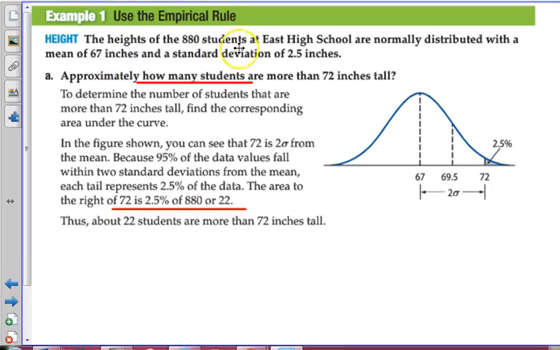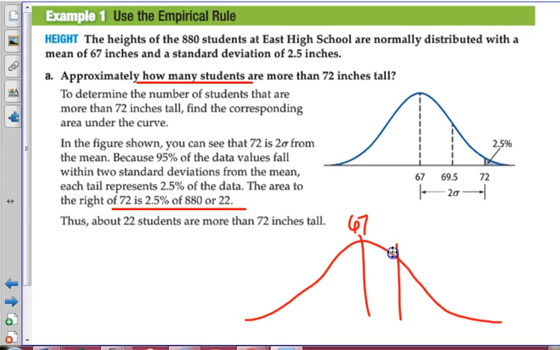So here's my example. The heights of 880 students are normally distributed with a mean of 67 and a standard deviation of 2.5 inches. So what I would have done if I were doing this homework question was I would have said, this is 67. If I go 2.5 either way, I'd be at 69.5 and 64.5.